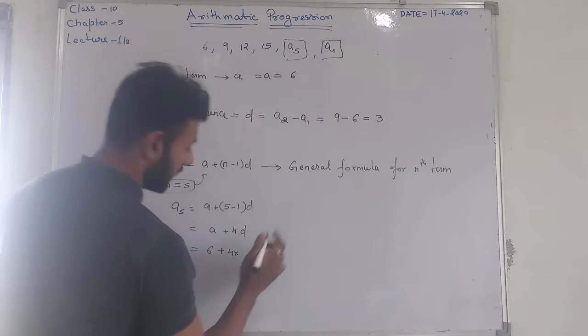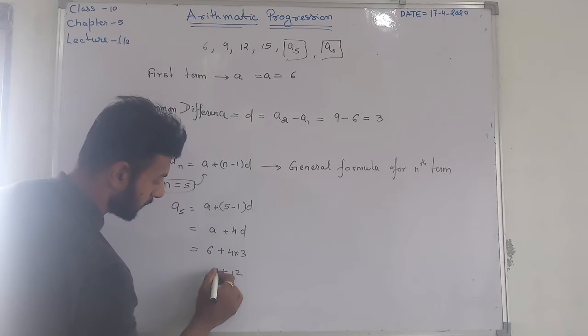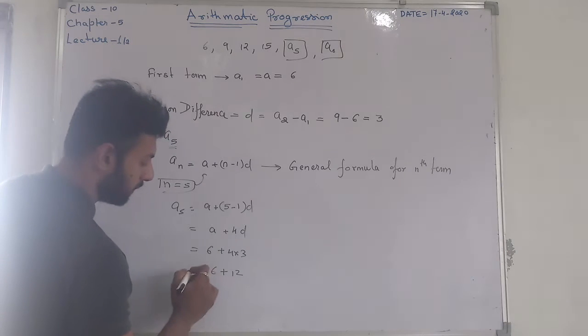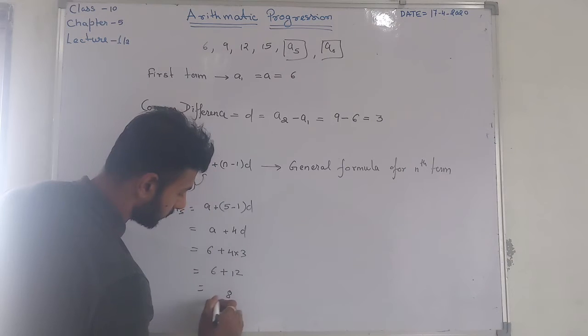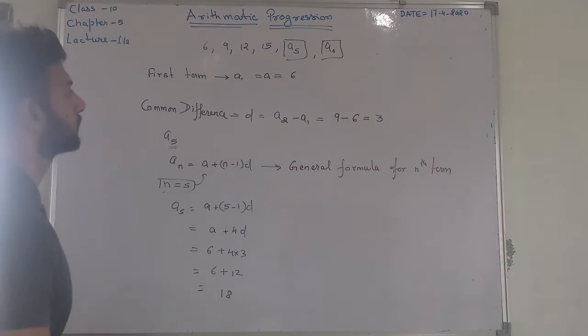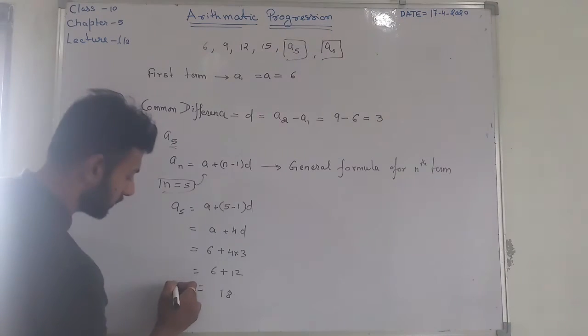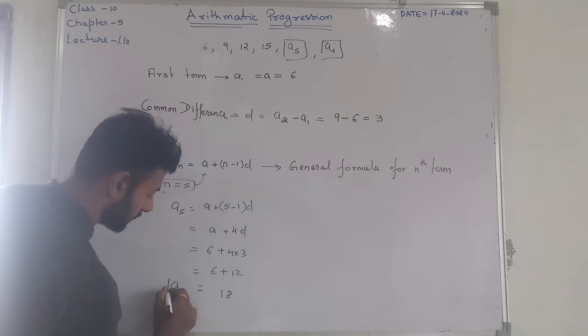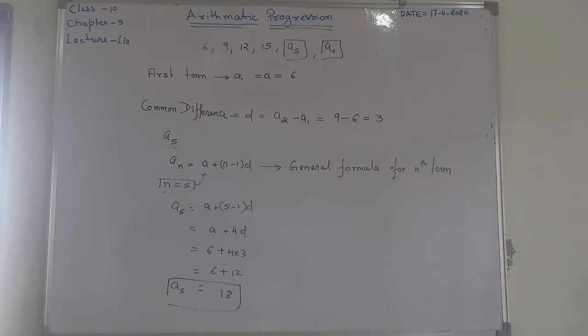D is 3. 4 3s are 12. 6 plus 12. So the next term, the fifth term, is 18. A fifth term is 18.